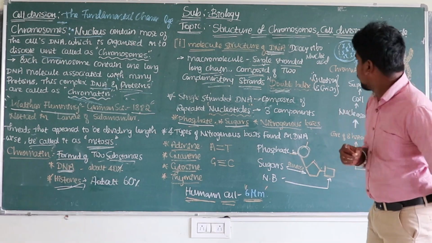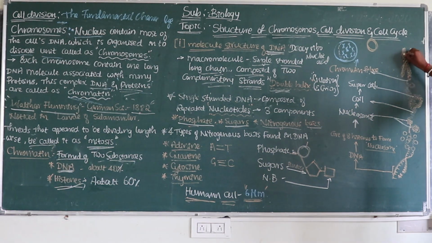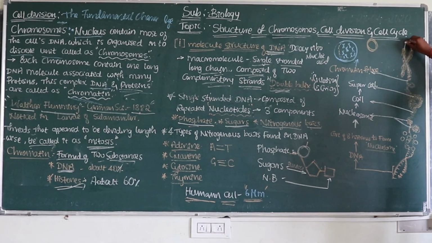Clear now? Here, the complete structure of a chromosome is a rod-like structure, like an X mark. The 2 hand-like structures are called sister chromatids.